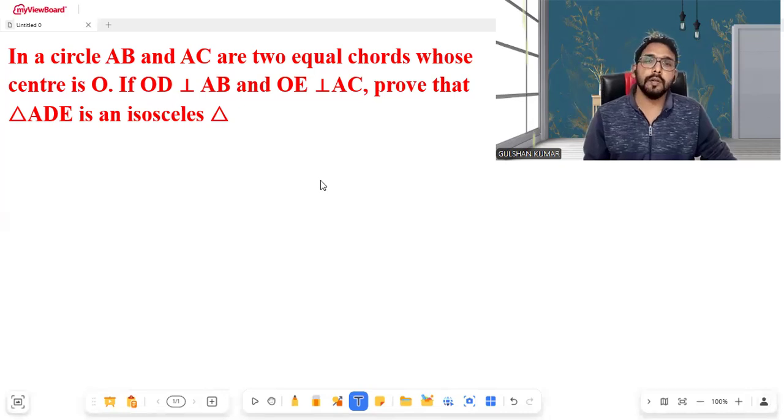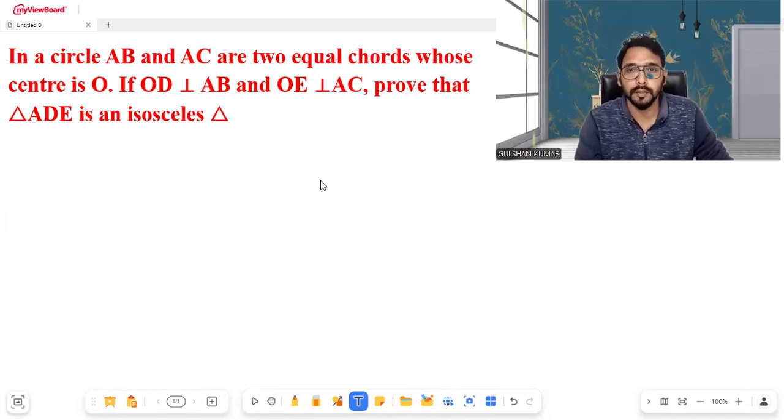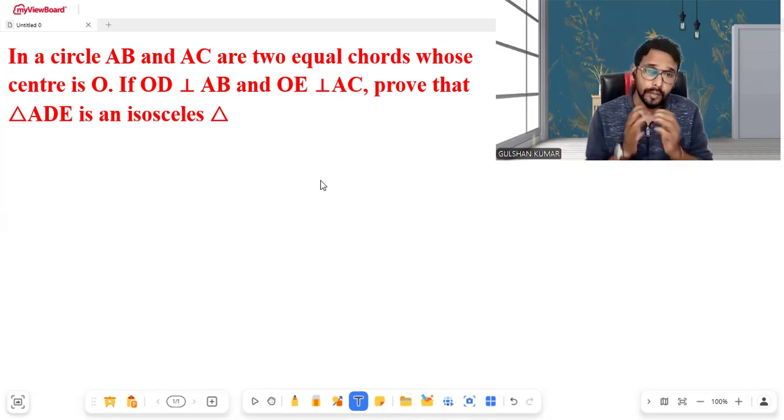Hey students, we have a question here: in a circle, AB and AC are two equal chords with center O. If OD is perpendicular to AB and OE is perpendicular to AC, prove that ADE is an isosceles triangle.